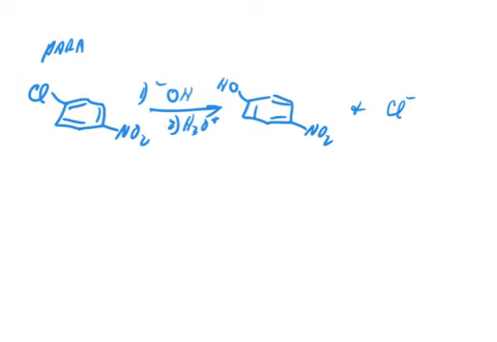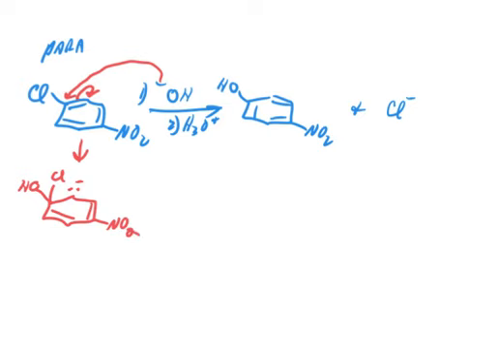In this case. So again, same thing happens. I get attack of the nucleophile. And here, it's not obvious right away, but I'll show you in a second why we get what we get. So the chlorine comes in here, the OH is here, and I have the negative charge on here.